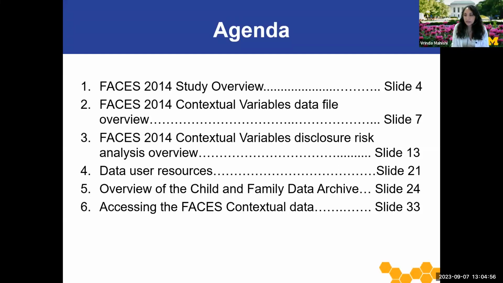Importantly, I will focus on how users can request access to the FACES 2014 contextual variables data file through the CF Data website. And then finally, we'll close this webinar with a brief question and answer session. I am now happy to pass the presentation over to Andrew so he can share more about the FACES data.